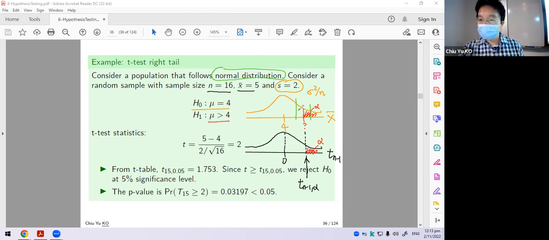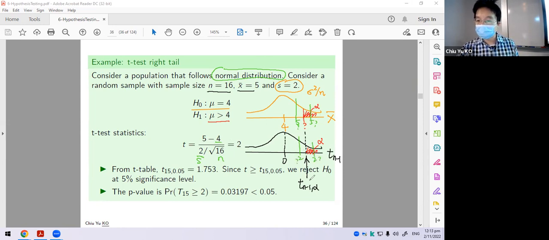The green thing is just 5. I don't know which is the right answer, but how can you transform it? You just subtract the mean over the same thing, but now it's s over root n. And that is 2. And 2 can be here or 2 can be here. I don't know which one is the right thing.